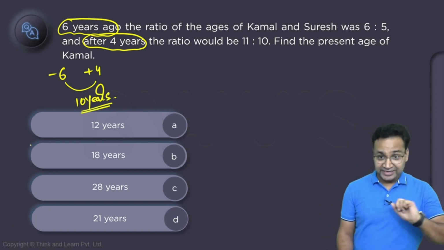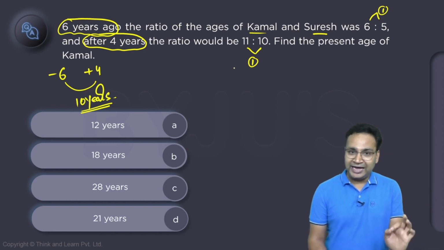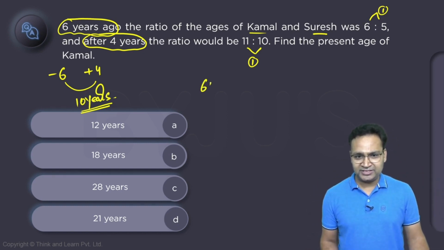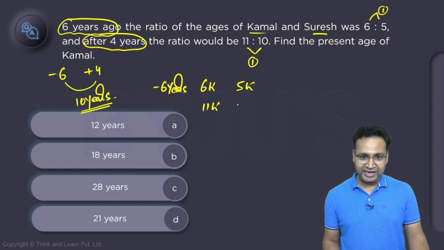Clear. Secondly, Kamal and Suresh, check the name. Kamal and Suresh, yes. So the difference was 1, 6 and 5, difference was 1. Oh, wonderful. I think here the age difference method is the best approach. If I assume the ages were 6k and 5k 6 years ago, the ages will be 11k and 10k 4 years later.